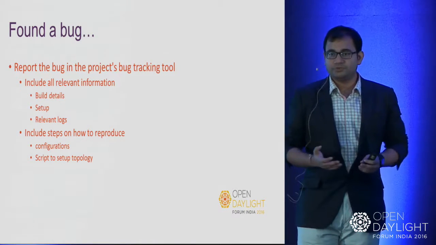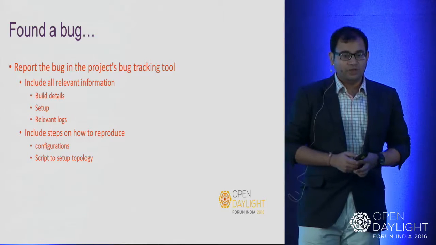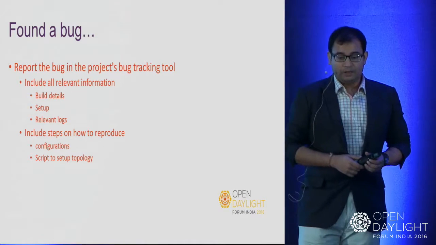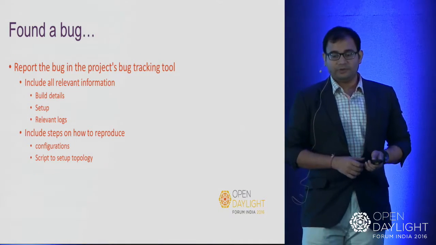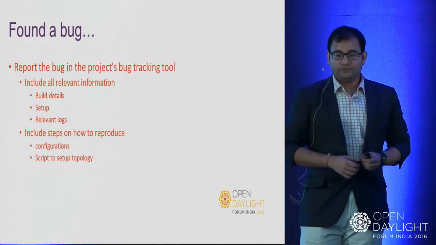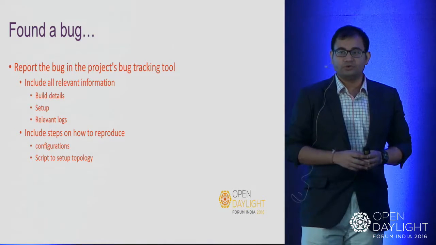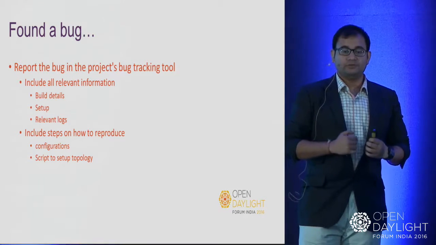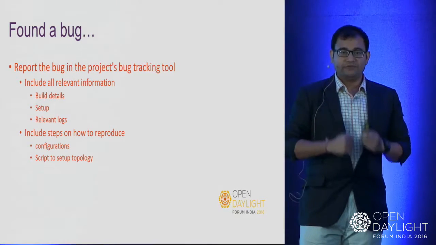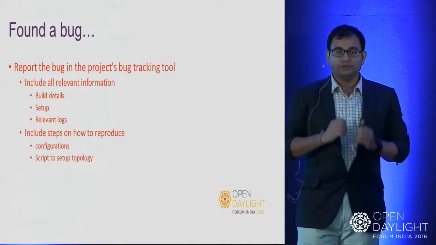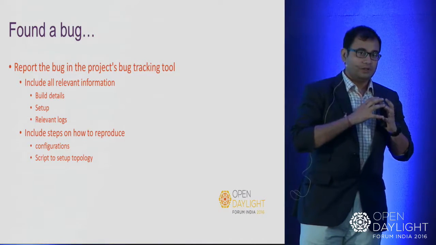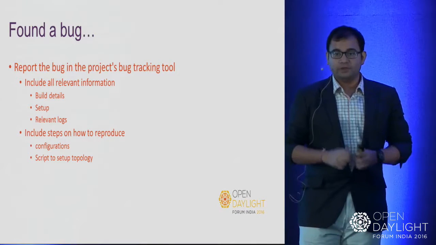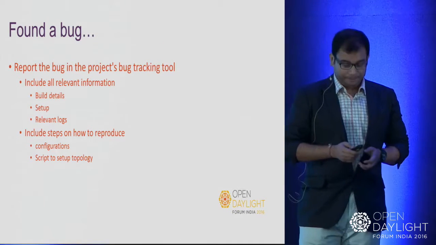If you have any topology script that you can attach, please feel free to attach all that information, because if I'm a developer looking at a bug, I would like to have the maximum information that I would want from it at the first instance. So make sure that the bug file has every bit of information that can help a newbie or a well-versed developer attack it at that point of time.